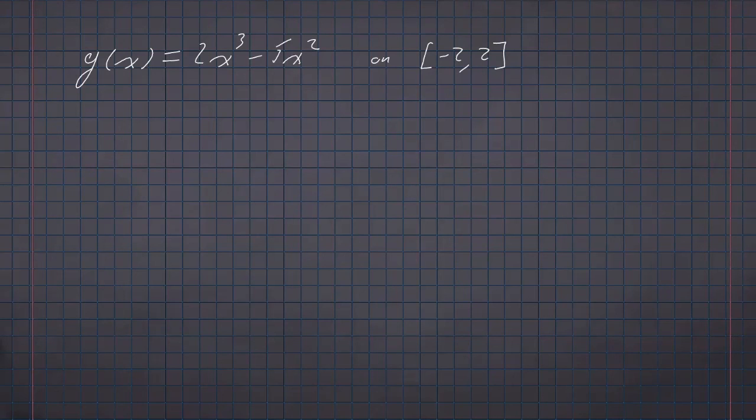Again, it's a closed interval, so you know that it will attain its absolute maximum and its absolute minimum. And I would like you to find those two values. Take a few minutes, see what you can do with this one, and I'll see you in the next video.